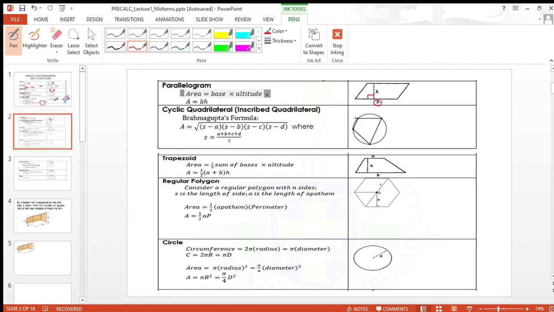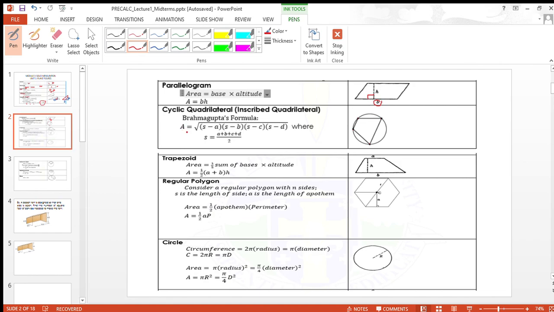So when we say inscribed, each corner or vertex of the polygon is touching the circle. And the formula for this one is called Brahmagupta's formula.